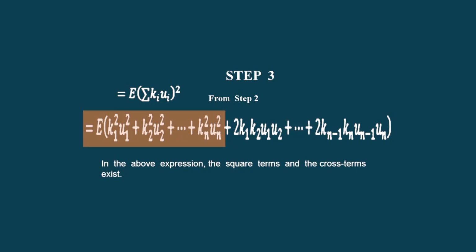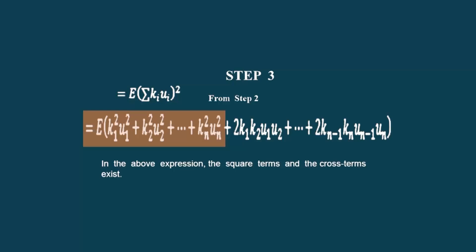Now whenever we are squaring it up, we have to take care of some own terms and some cross terms. So we put the expectation outside the bracket, and we write k1 square u1 square, which is with the first observation as we square up, and this runs for n times. So it comes up as k1 square u1 square plus k2 square u2 square plus, and this continues, plus kn square un square.